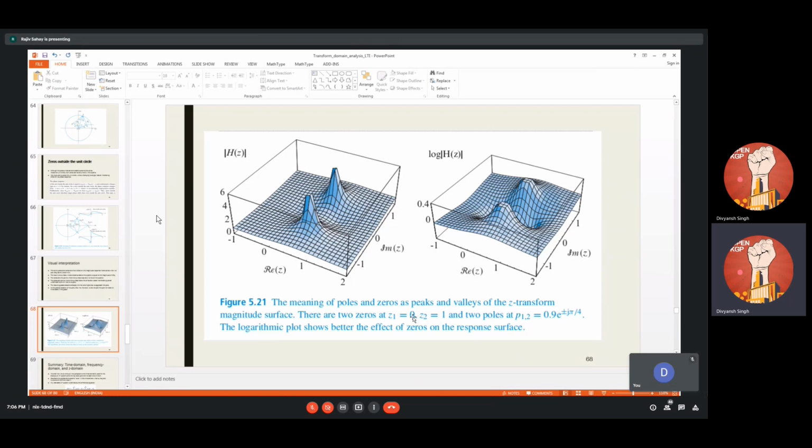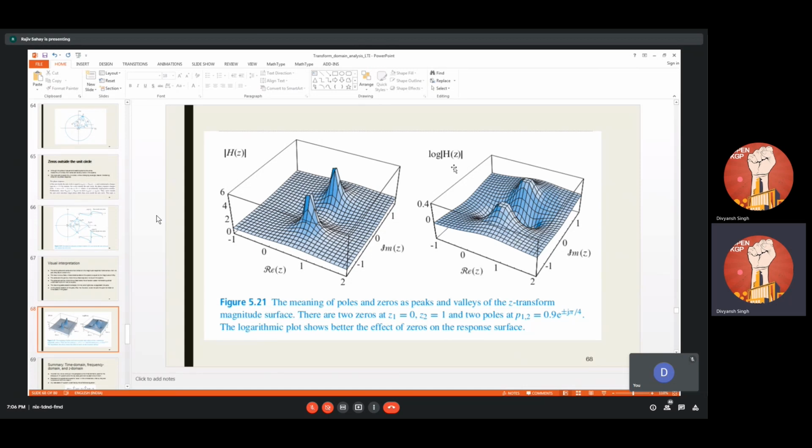There are two zeros, at z1 equal to 0 and z2 equal to 1. So you can spot that there is a zero here and another zero at z2 equal to 1, and poles at these places. In the logarithmic plot, if you take log of H(z), you will see it better. Here you can clearly see the zeros. Here you can't see the zeros so nicely, but here you can start to see them. These are the places where there are zeros.